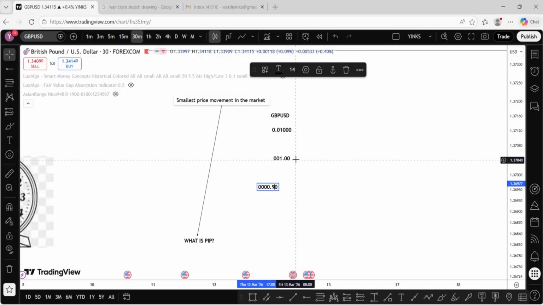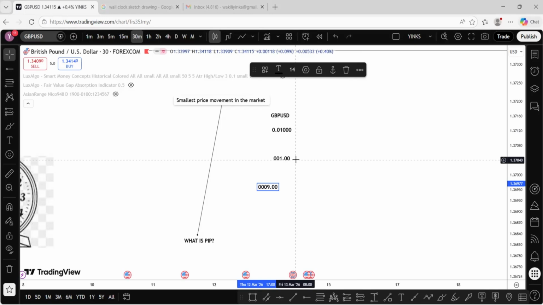Now, where do you start having your 10 pips? Automatically, this turns 0, right? And then here you have 10 pips, 20 pips, 30 pips, 40 pips, 50, 60, 70, 80, 90 pips. 90 pips right here.